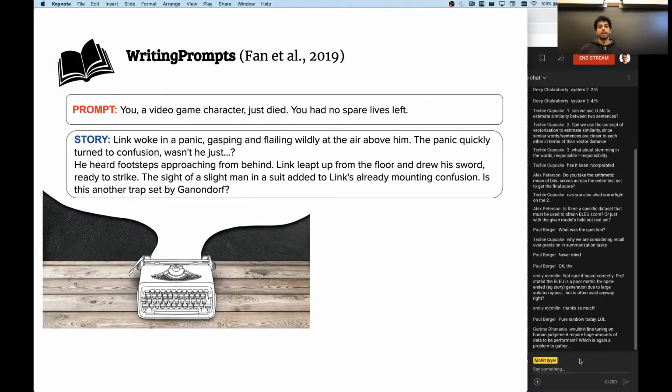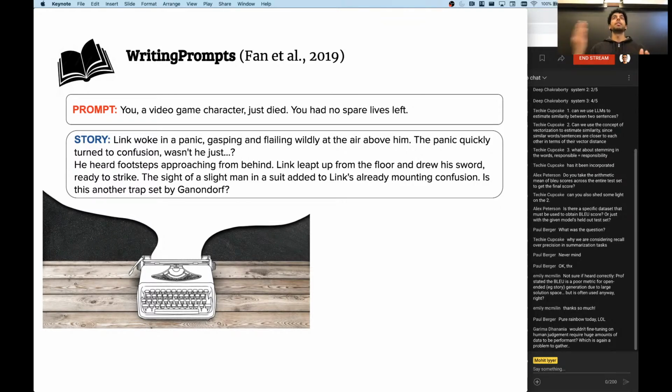So in story generation, you have a very unconstrained task. Here you can see a prompt. You, a video game character, just died. You had no spare lives left. So given this prompt, you have to write a story. You can imagine there's infinitely many plausible stories you can generate in response to this prompt.